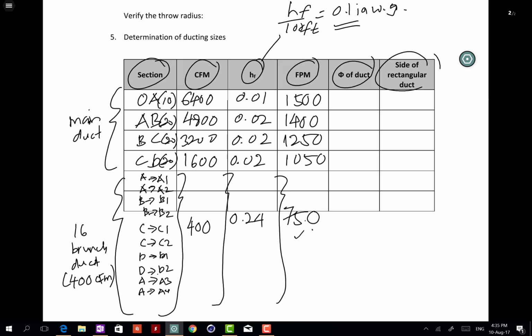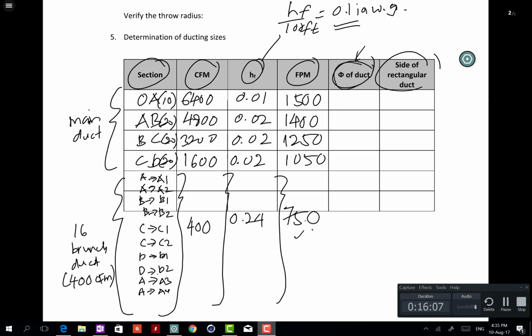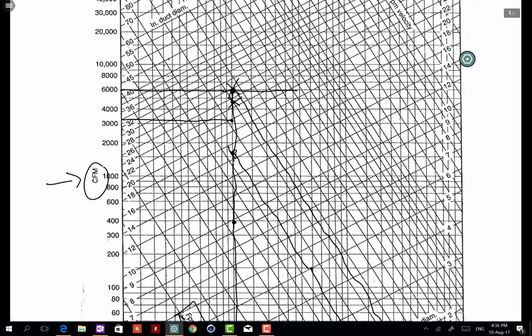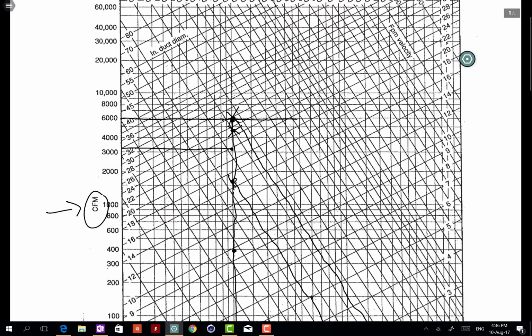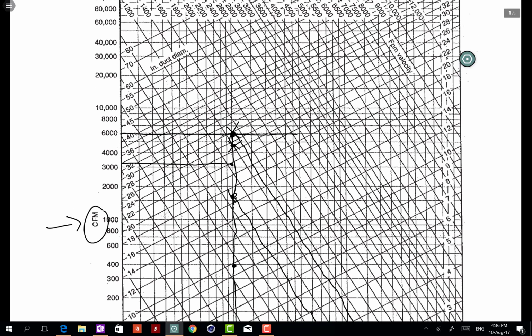The next part is the size of the ducting, where we need to find the round ducting first. For the same diagram, we need to find the ducting diameter here. For example, the first section here has 6400 CFM.